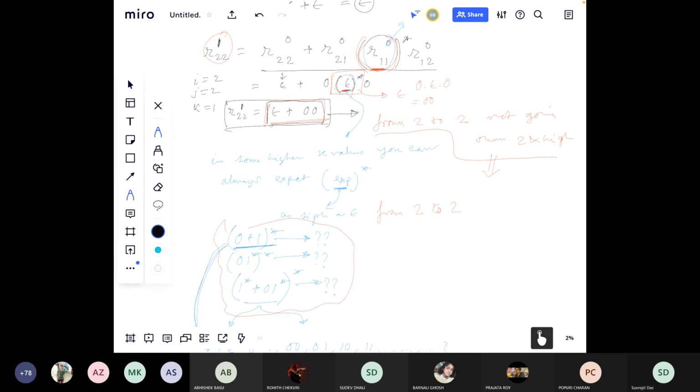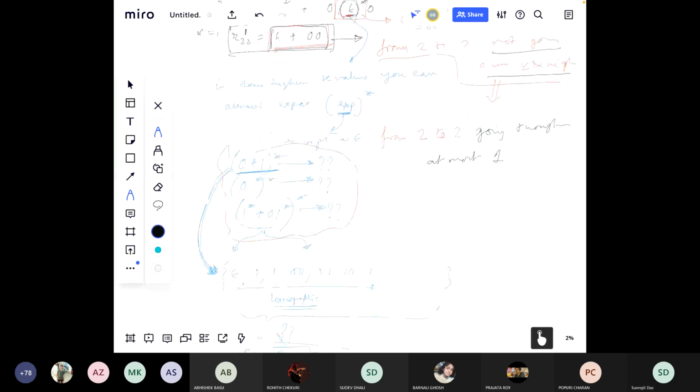From 2 to 2, not going through any state number as high as 2 and higher, can be written in some other way as from 2 to 2, going through at most 1. That in fact includes strings that take you from 2 to 2 not going through 1 also.